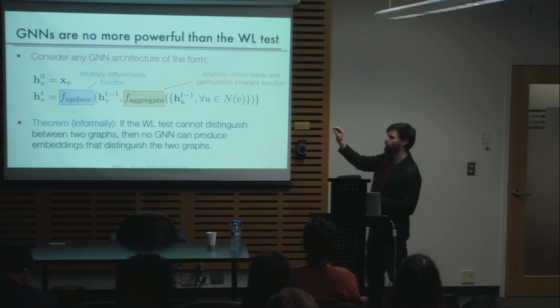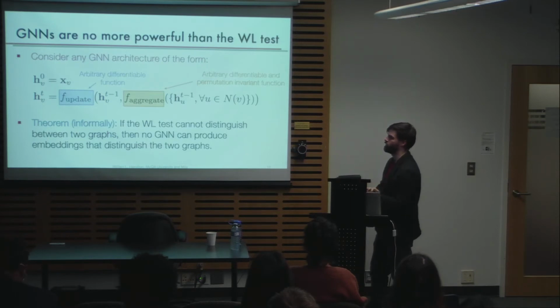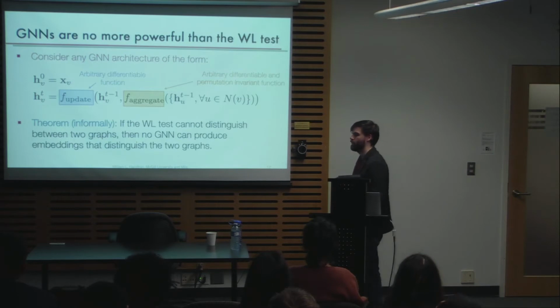So this is pretty much every graph neural net, except for some graph neural net that has been specifically designed to avoid this issue, in particular with the permutation invariance assumption there. Any graph neural net of this form is no more powerful than the WL isomorphism test. So in particular, if a WL isomorphism test fails at telling whether or not two graphs are isomorphic, then this graph neural net's also going to fail.